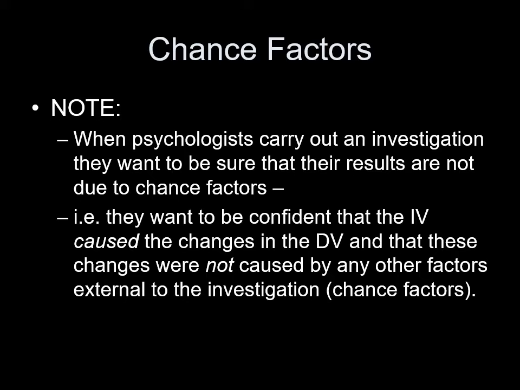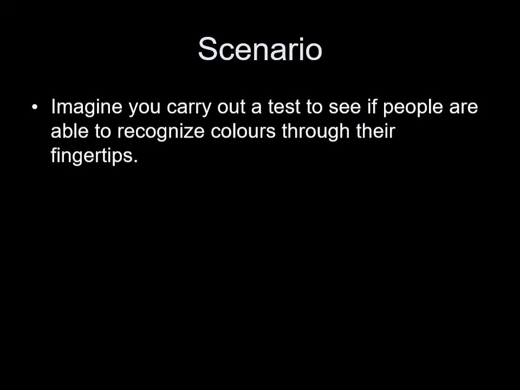Rather than some confounding variable or extraneous variable or just the effects of randomness, right? So they want to be sure to an acceptable level that the results are not as a result of things other than the IV.